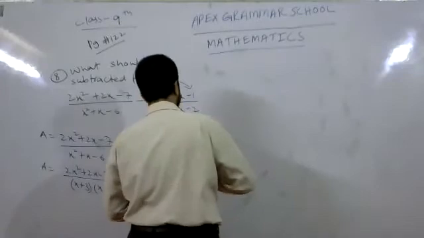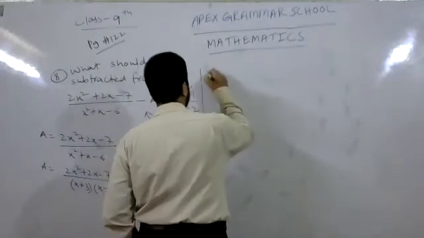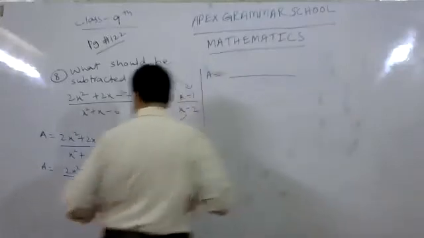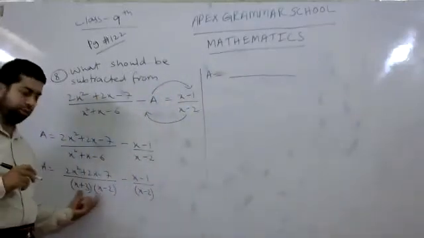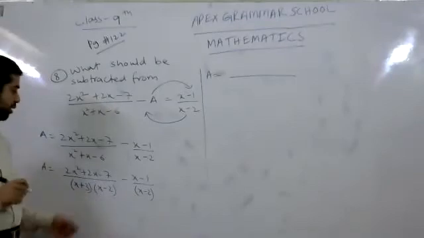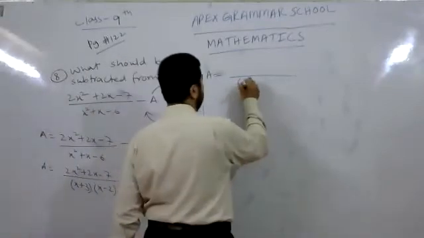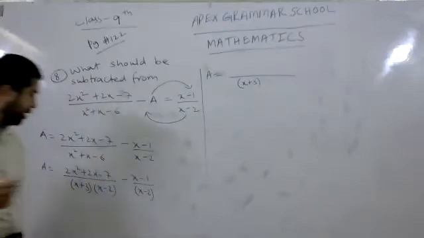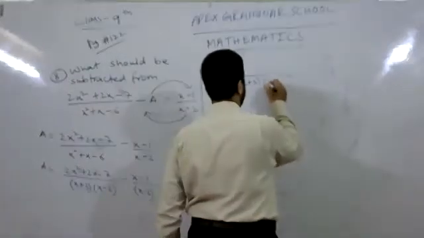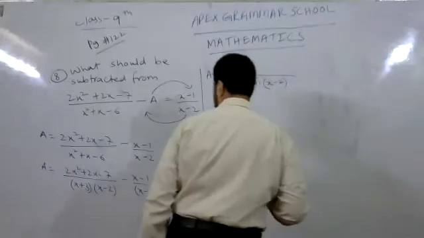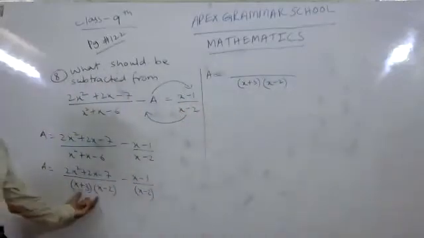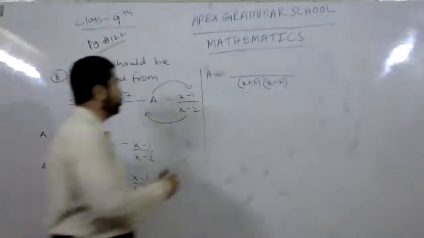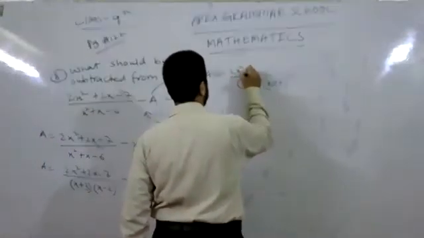A is equal to, the LCM is x plus 3 and x minus 2. x plus 3 is not repeated, so x plus 3 will appear once, and then x minus 2 is repeated, so x minus 2 will be here. Now x plus 3 and x minus 2 both cancel each other, and you are left with only 2x square plus 2x minus 7.